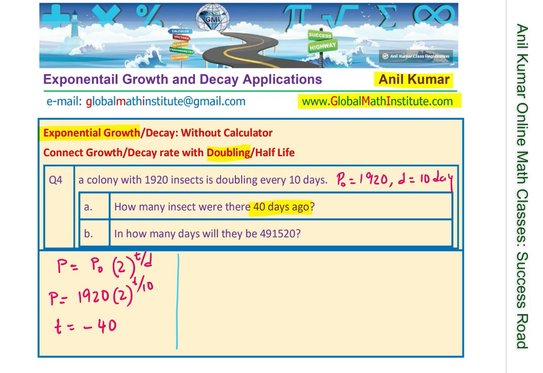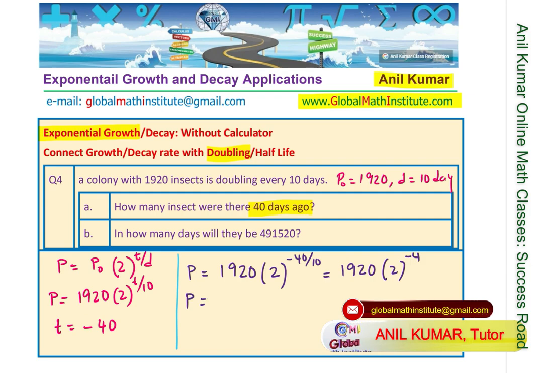So let's do it. The population should now be equal to 1920 times 2 to the power of T over 10, where T is minus 40. Minus 40 over 10, which is 1920 times 2 to the power of minus 4.